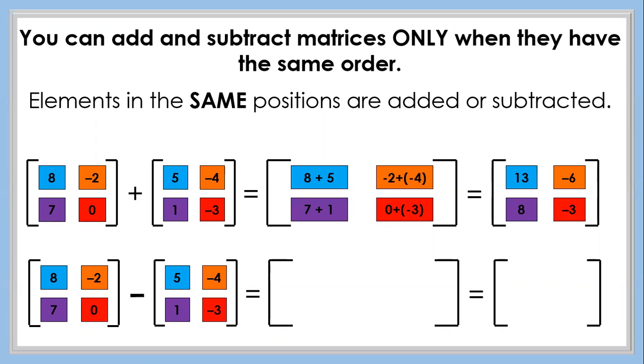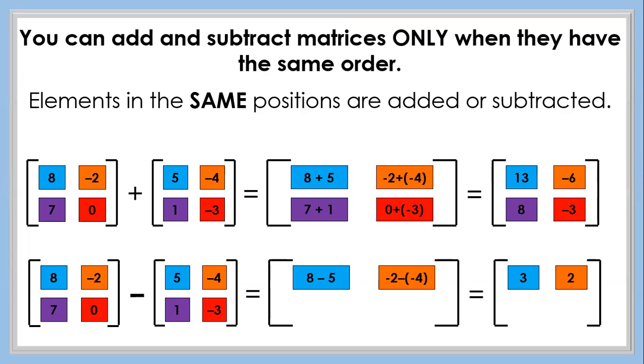So we are going to subtract. So we now have first and first. So 8 minus 5 gives us 3. Second with second, negative 2, subtract negative 4 gives us 2.